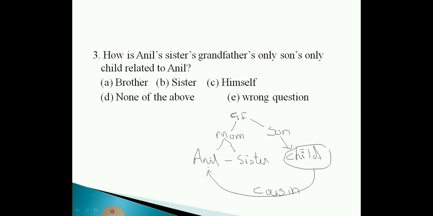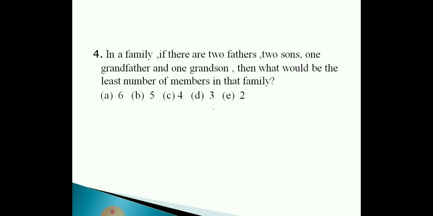So cousin is the answer, but the options are not given, as all three options are not matching, and it is not a wrong question either. So we have to go with none of the above. The answer is cousin.